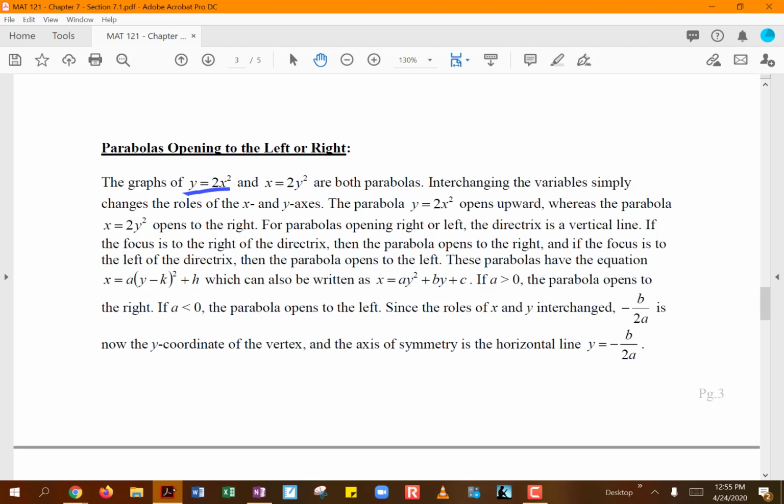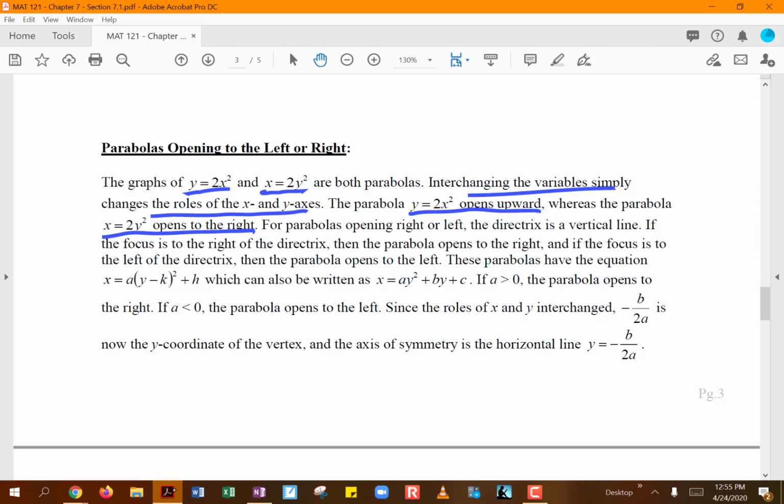But like I said, if you switch your x and y values, then you actually end up getting x equals 2y squared, which will also be a parabola, but in this case, it will actually be opening to the right. Okay? So they're saying just interchanging the variables simply changes the roles of the x and y axis.